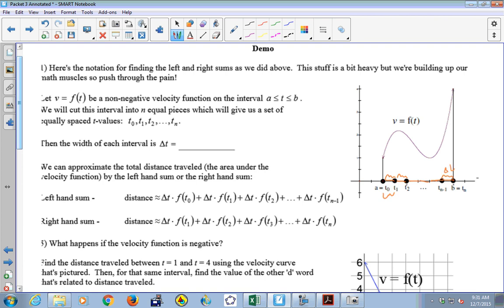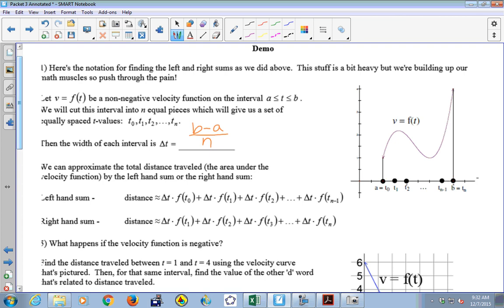These are delta T's. B minus A is the distance from A to B, right? That's how you find the distance between two numbers. So the total distance from here to here is B minus A. Everybody agree? Okay. And then we're going to break that distance into n equal pieces. So we divide it up into n equal pieces by dividing by n. So each little delta T here is B minus A over n.